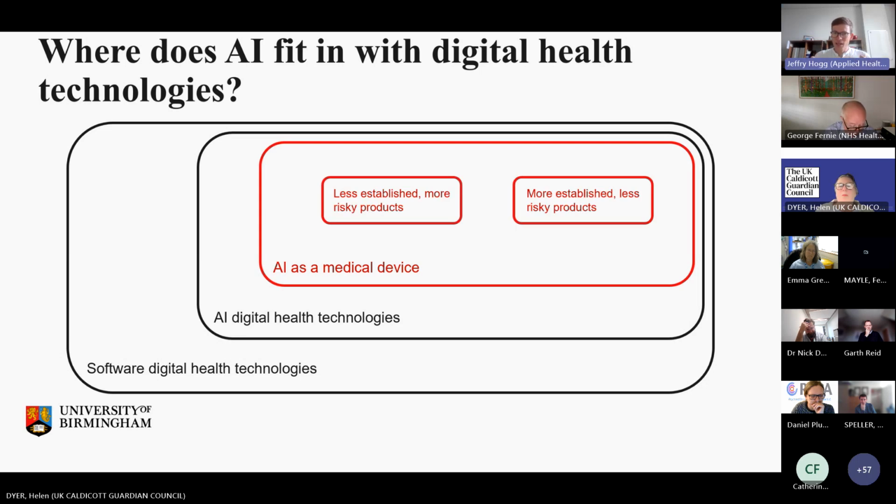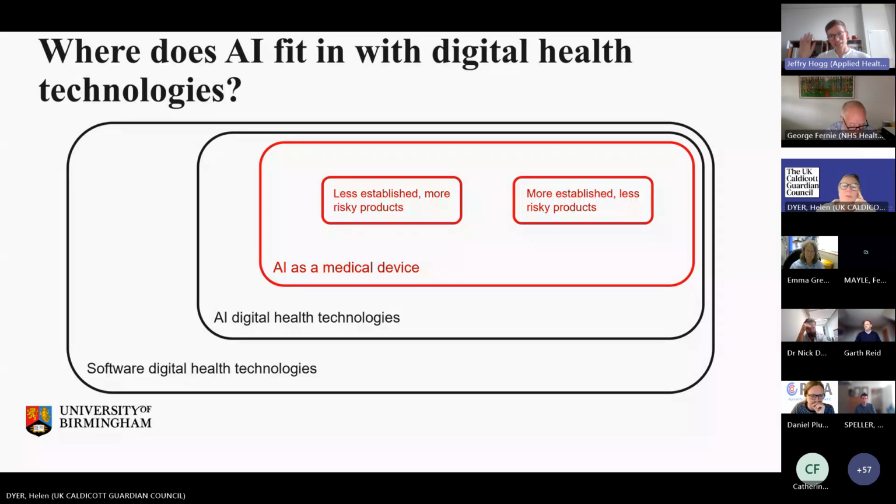So even within AI as a medical device, it's important to realize that there are varying levels of assurance. We mentioned that class system, and it's important to realize that class 1 medical devices, the manufacturers have essentially marked their own homework. So there is a legal requirement for them to do certain activities and degree of quality assurance, but it doesn't require a conformity assessment by what we call a notified or approved body, something like the British Standards Institute.